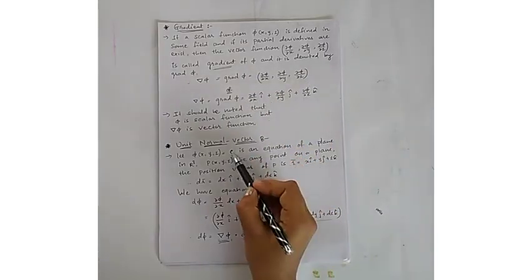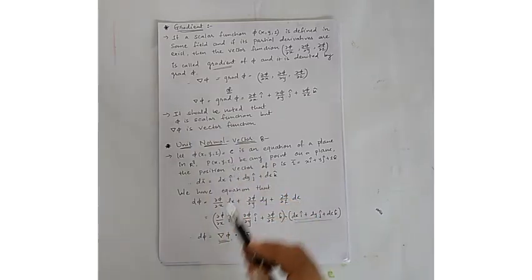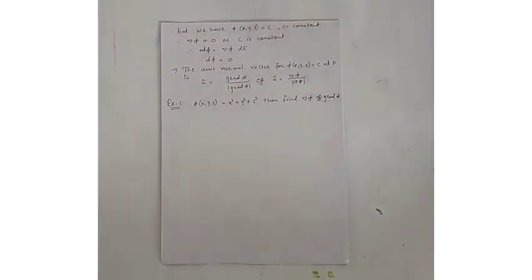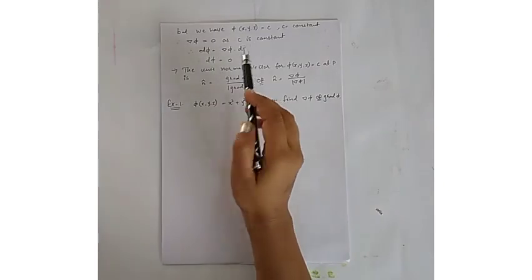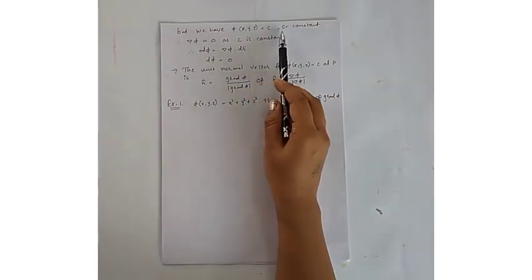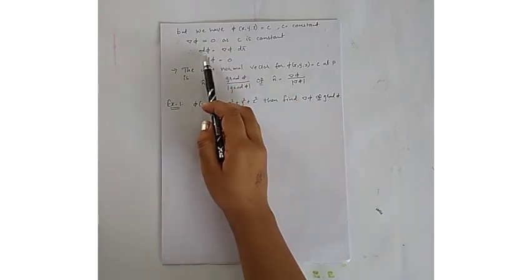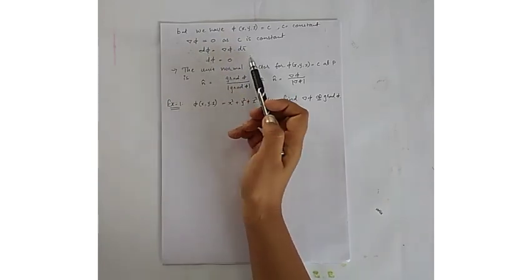So c means constant, and the partial derivative of a constant is 0. It means del phi is 0, so 0 dot dr is 0, so the value of d phi becomes 0. We have phi of x, y, z equal to c and c is constant, so del phi is 0 as c is constant, and my d phi becomes 0.